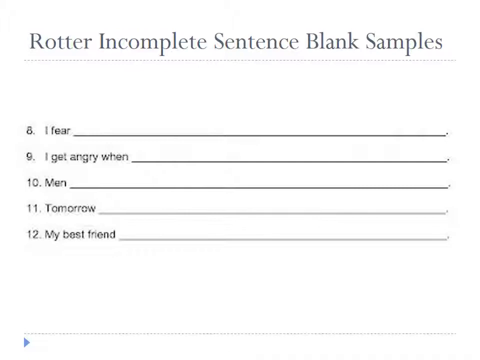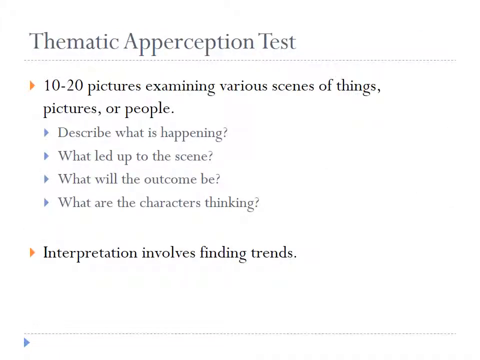Another type is the Thematic Apperception Test. Here, clients are shown a series of pictures depicting various scenes. Anywhere between 10 and 20 pictures can be shown to a client. Clients are then asked to describe what's happening in that scene.